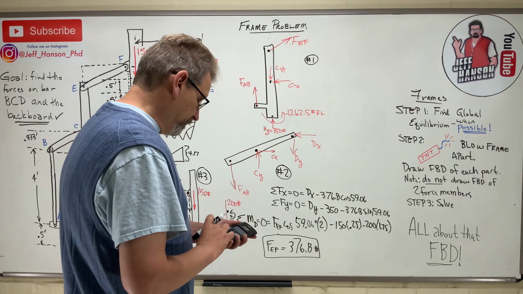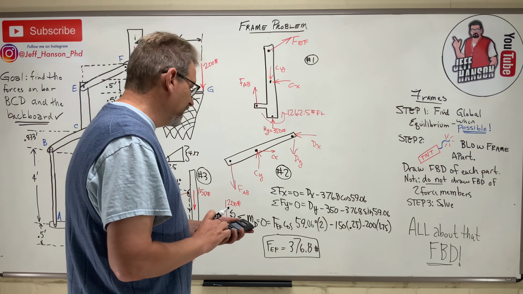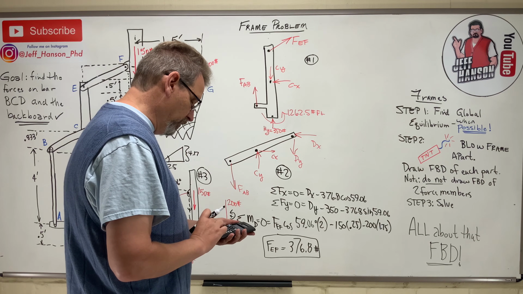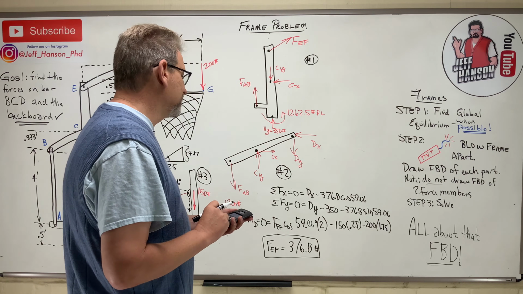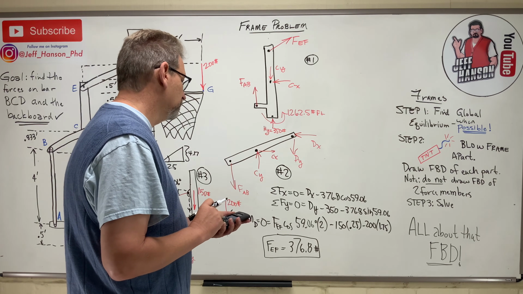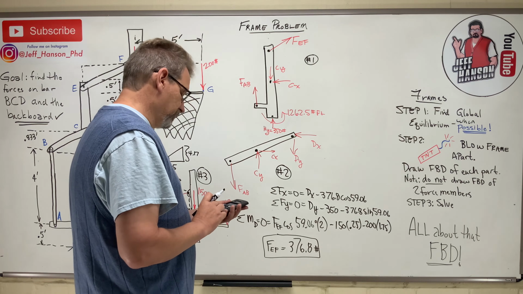Let's see what we get there. 376.8 times the cosine of 59.06 equals 1937. No way. Hey, let's try that again.